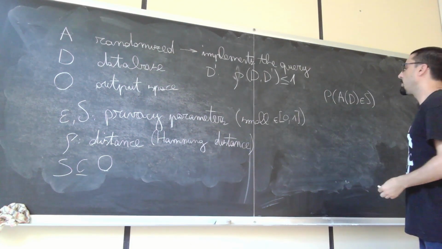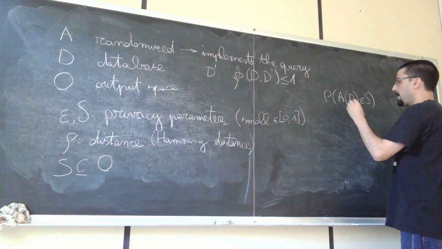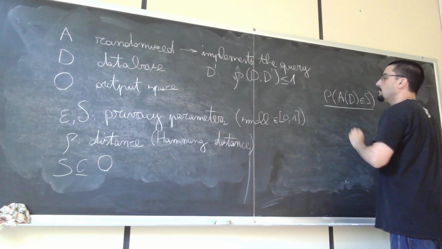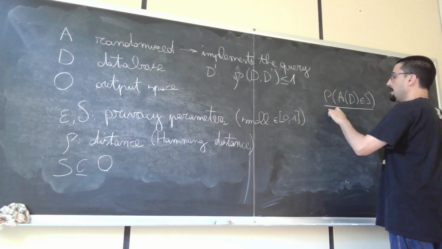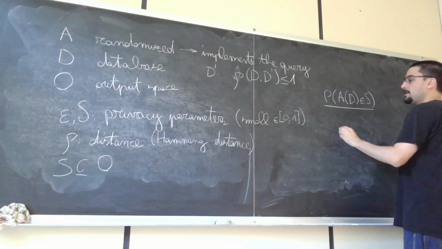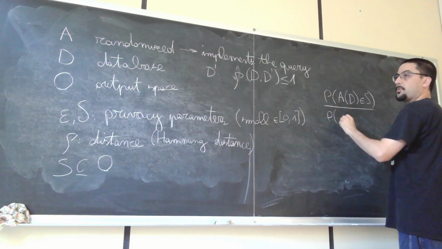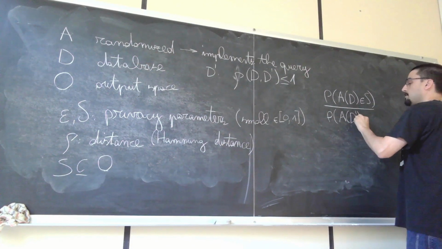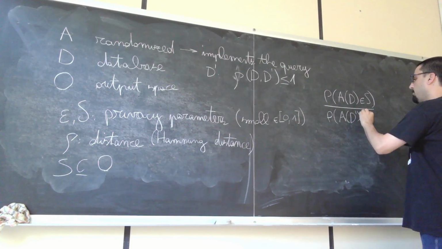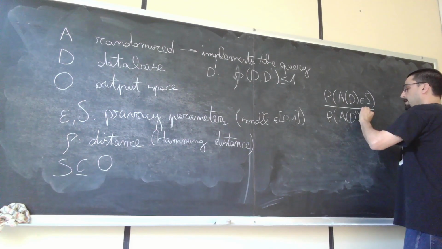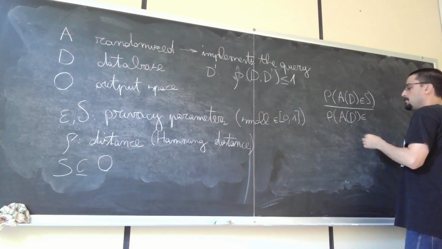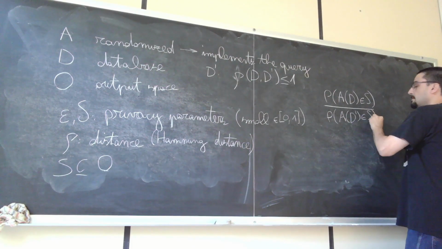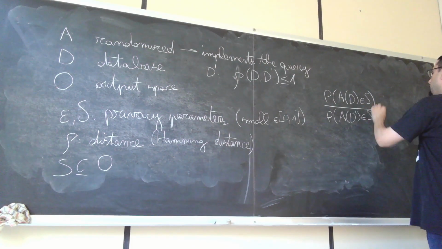And we can also write it in this way, which is maybe more convenient to see. We divide this probability by the probability that the same algorithm over the other database, the one that is different in only one row, gives an answer to this query that belongs to the subset S of the output space.